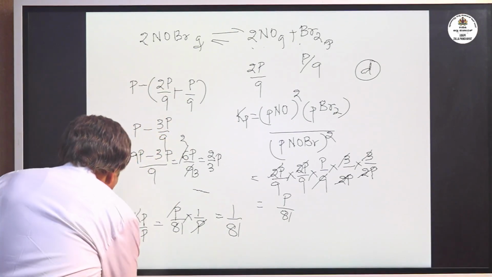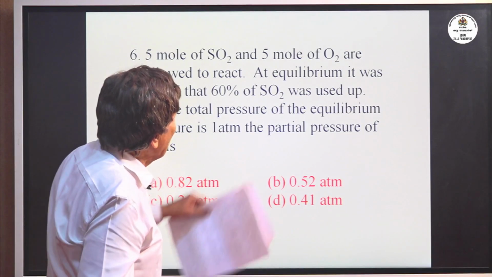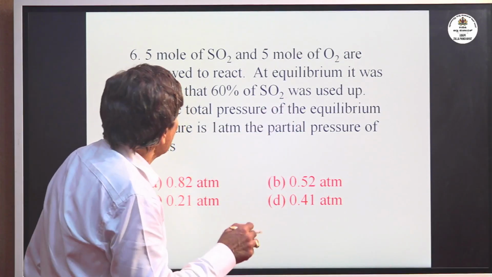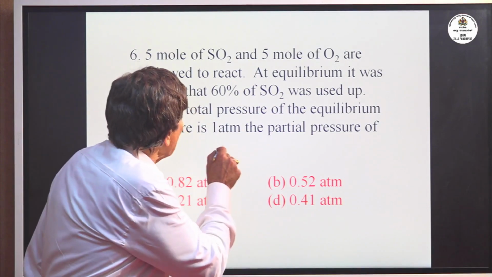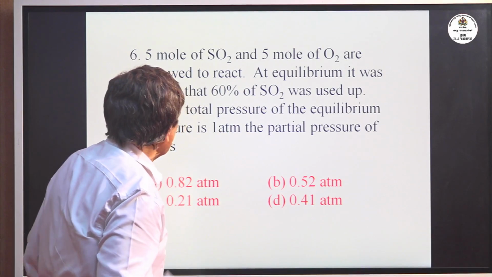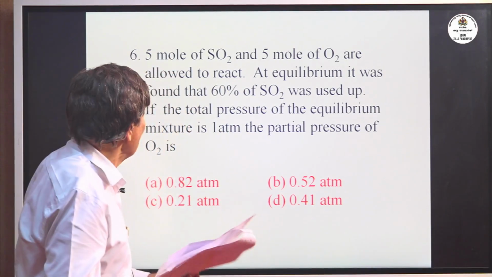We will move on to question number 6. See, 5 moles of SO2 and 5 moles of O2 are allowed to react. At equilibrium, it was found that 60% of SO2 was used up. If the total pressure of the equilibrium mixture is 1 atmosphere, find the partial pressure of O2.